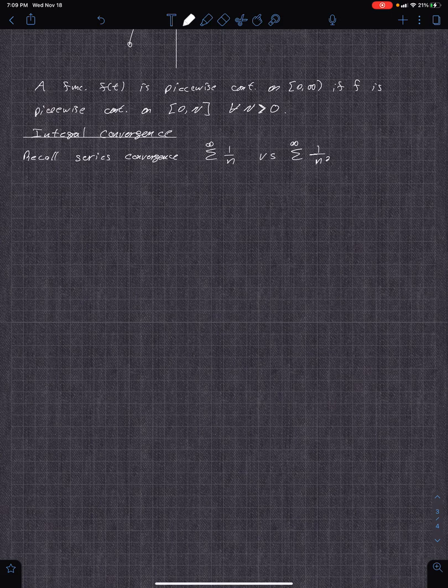Your starting point doesn't really matter. I mean, it has to be defined, it can't be 0 and all that, so often you just put n equals 1 right there. So this one diverges. That's called the harmonic series and it diverges. This one converges.